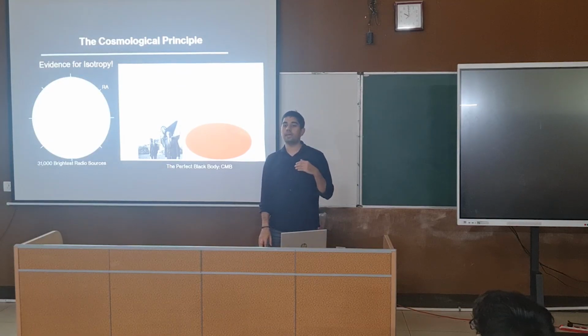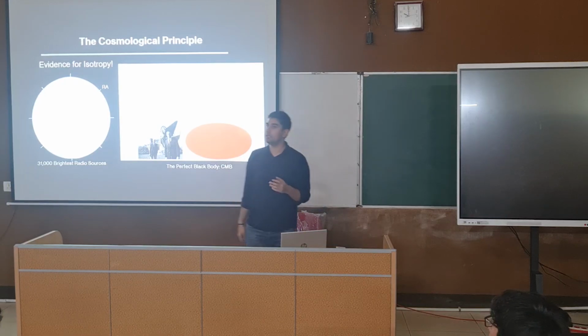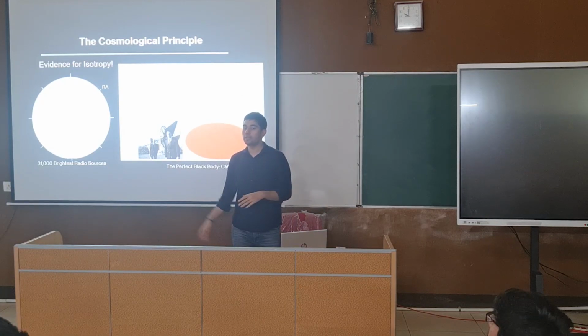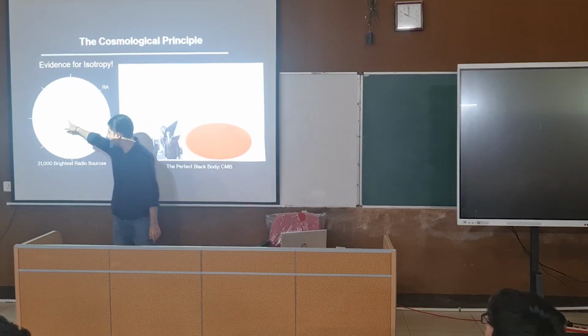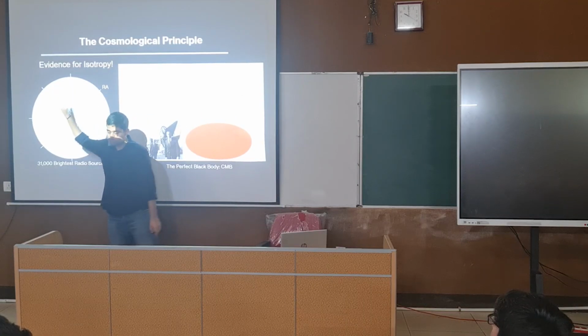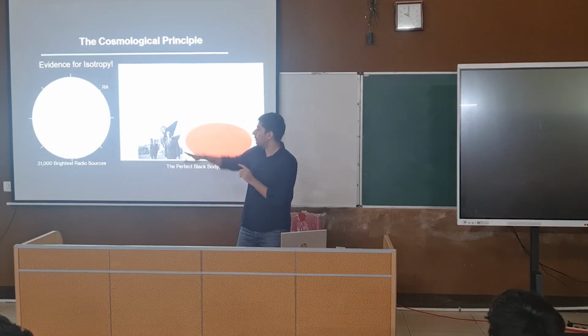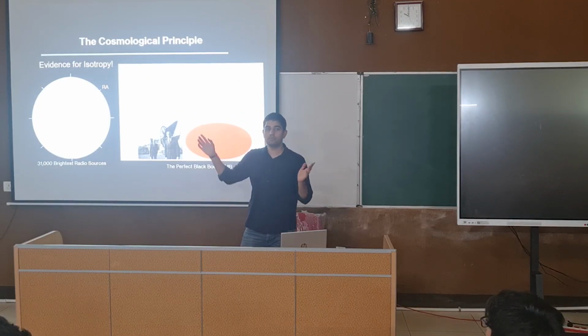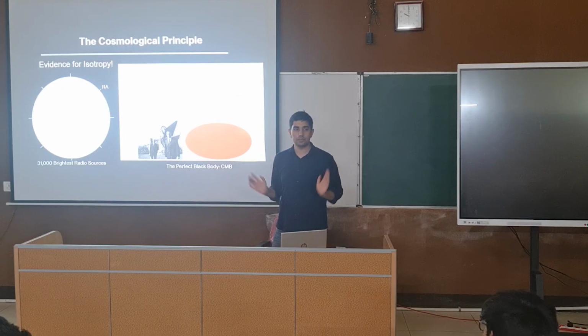Similarly, if we look at other radio sources, so this is a list of 31,000 bright radio sources. They also seem to be isotropically distributed. So we are here, and this is in RA. So basically longitude around us, and we see same number of galaxies or same number of distribution for these radio sources in all directions around us.